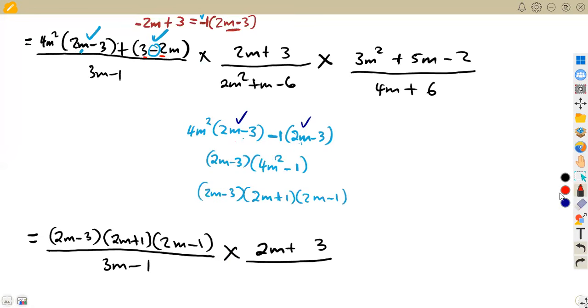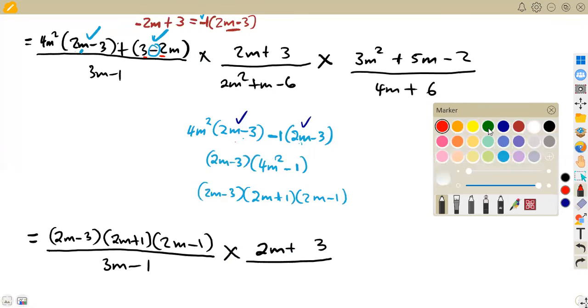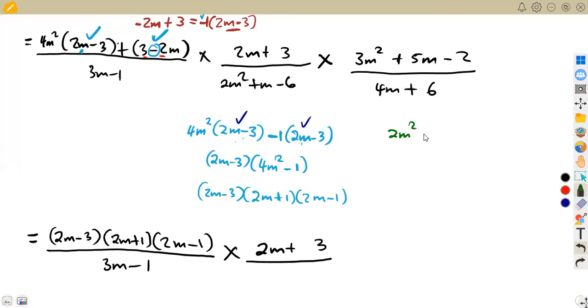But if you check here, from our normal factorization by grouping, whenever the coefficient is not 1, we can multiply the first term to the last term first. So if we multiply 2m squared by negative 6, what do we obtain? We obtain negative 12m squared.